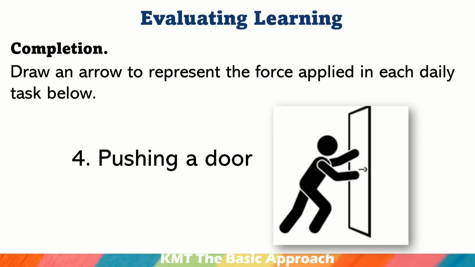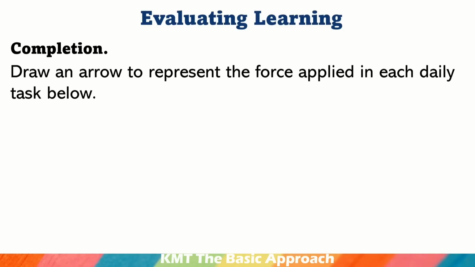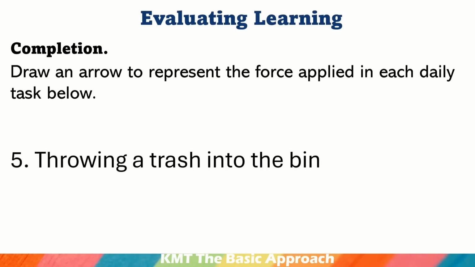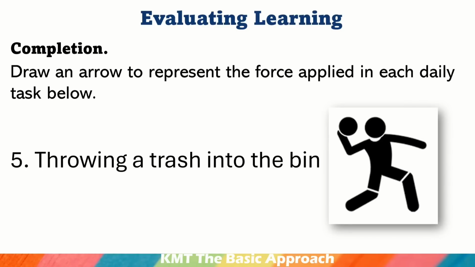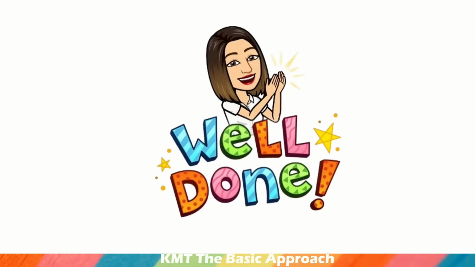We will place the arrow forward. And number 5. Throwing a trash into the bin. Where must we place the arrow? Correct! We will place the arrow forward. Well done, kids!